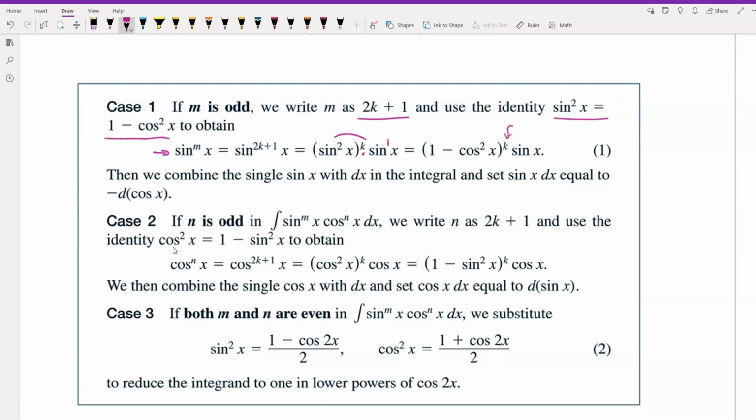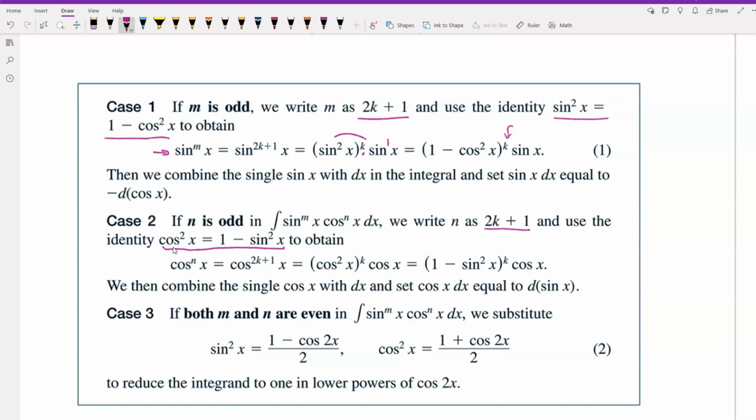Case 2, if n is odd, in the integral sine to the power m times cosine to the power n times dx, we write n as 2k plus 1 and use the identity cosine squared equals 1 minus sine squared. To obtain cosine to the n power, instead of n use 2k plus 1.